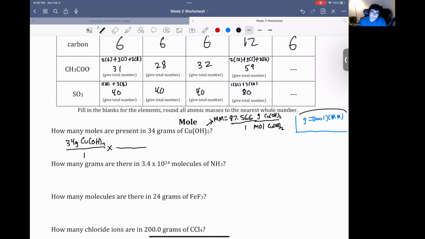Okay, so we're going to plug this in here. I want the grams to go away, so I'm going to put my grams unit on the bottom here. The grams of copper 2 hydroxide. This is 97.566. Right, and up here we have 1 mole of copper 2 hydroxide.